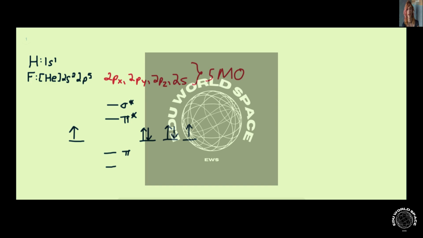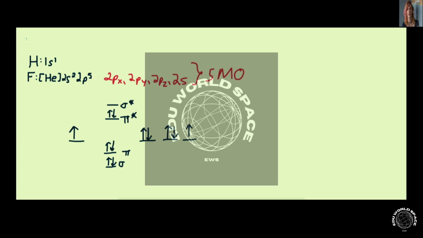Since fluorine is the only atom using p orbitals, we could theoretically only form one pi bond. Now we're going to put our electrons from our non-bonding orbitals into our bonding orbitals. We're going to put in our sigma and our pi bonds, and then those last two electrons we're going to put in our anti-pi orbital.